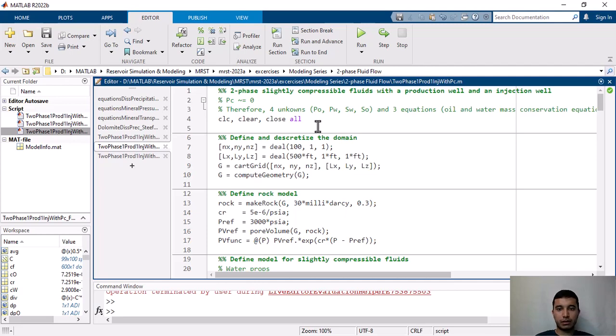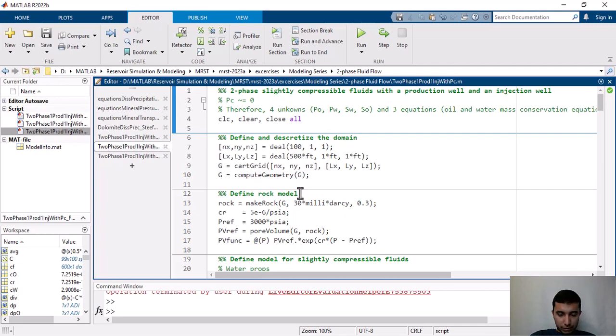Here, the non-wetting phase is oil and the wetting phase is water. So the capillary pressure relation is oil pressure minus water pressure equals capillary pressure. Great.